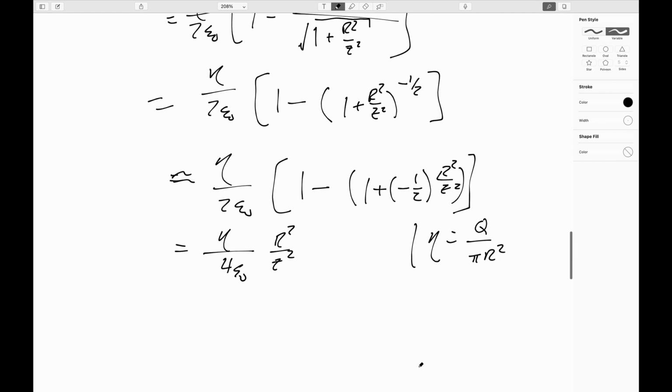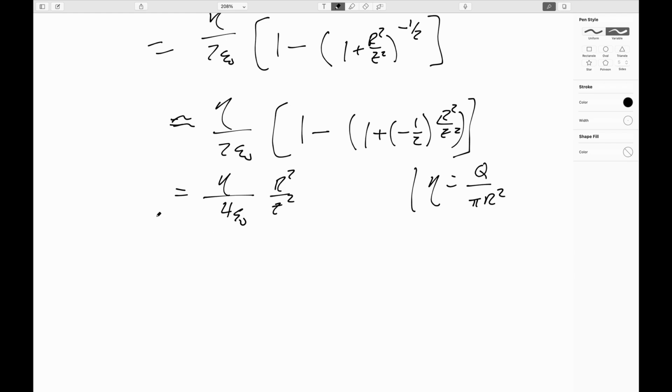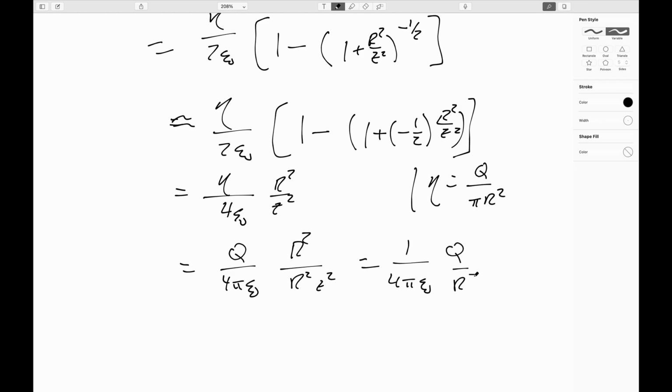So let's do that. So we end up with q over 4 pi epsilon naught r squared over r squared z squared. And this finally equals 1 over 4 pi epsilon naught q over z squared. And that checks, and we recover our point charge.